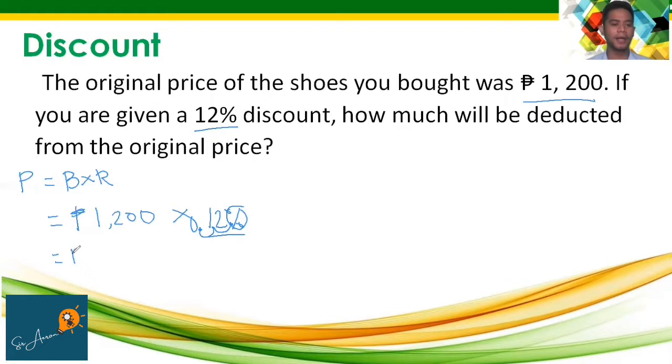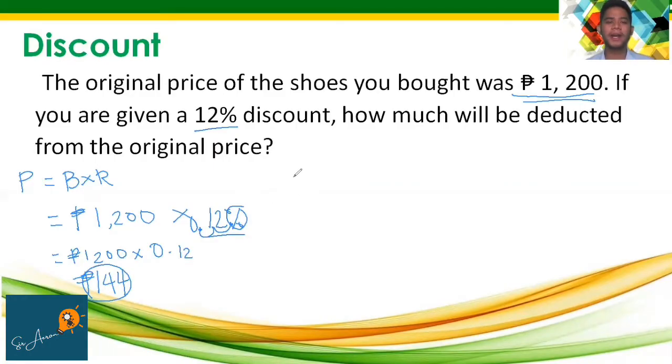So i-rewrite lamang natin 1,200 times 0.12, or 12 hundredths. Okay? So, i-multiply lang yun at ang magiging sagot ay 144 pesos. Okay? So, yun yung mababawas dito sa original price na 1,200. Yun yung magiging kabawasan or yun yung discount.